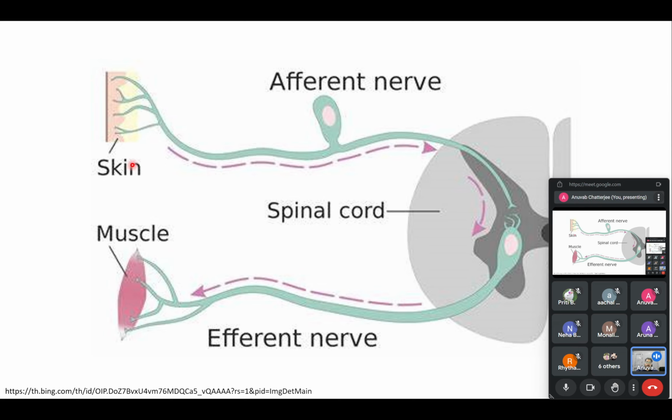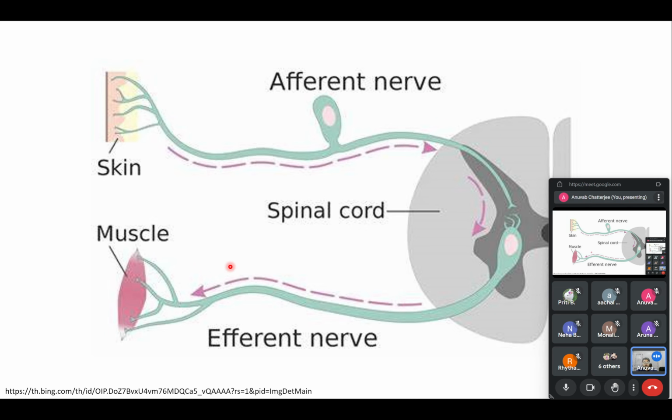Sensory organ receives the stimulus, signal is transferred by the afferent nerve, signal is processed either in the spinal cord or the brain, the processed signal is transferred to the efferent nerve, which travels to the effector, which could be a muscle, and this muscle then contracts in response to the stimulus.